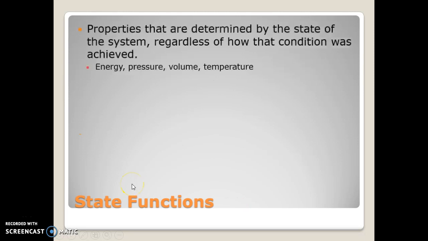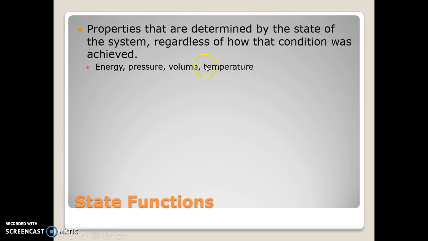A state function is a property that is determined by the state of the system, regardless of how that condition was achieved. So the pathway that is taken is irrelevant. It's the starting point and the ending point that's important. Things that are state functions: energy, pressure, volume.